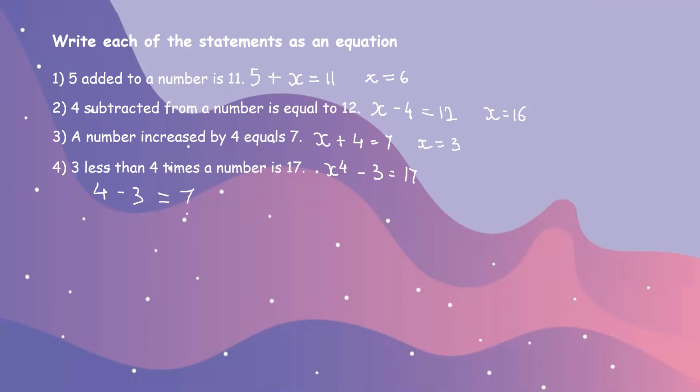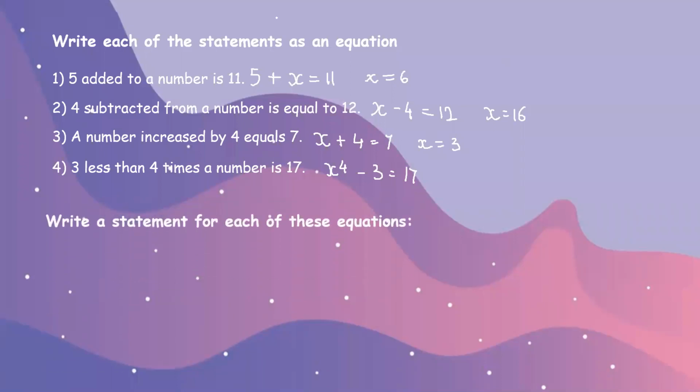This is what you're going to do. But 4 is a power, which means it is going to come like this. A number is unknown, so let's keep x as the unknown number. When 4 is a power, it comes up here. Then minus 3 is equal to 7. Right? The rest of it will not change. This part will change. So this is how you go about it.